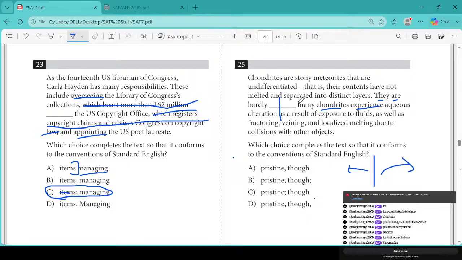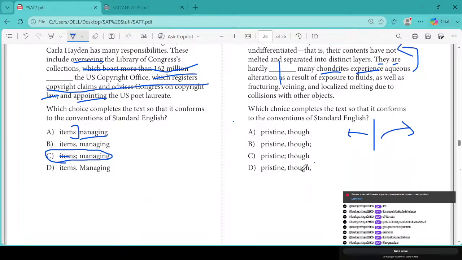They're hardly pristine, though many Klondites experience what? So though here belongs in the second sentence because it's presenting something different, an exception from the first.